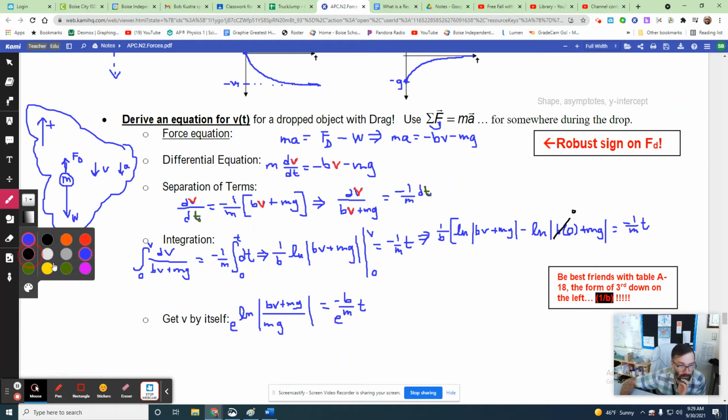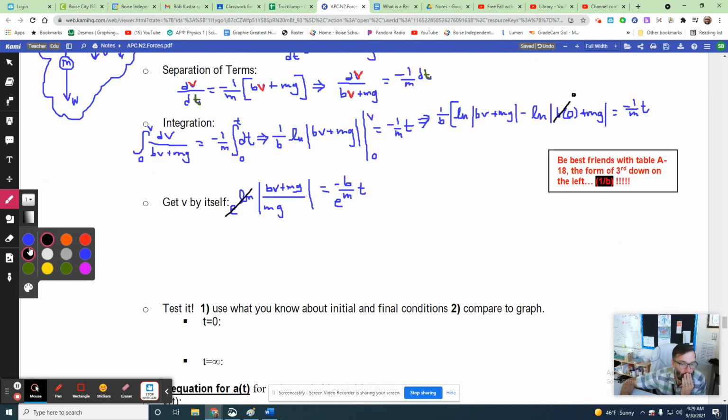That's going to do some cancellation here, and from that point we are going to get something like this. I can move the mg to the other side by multiplying by mg on both sides. And there's our variable.